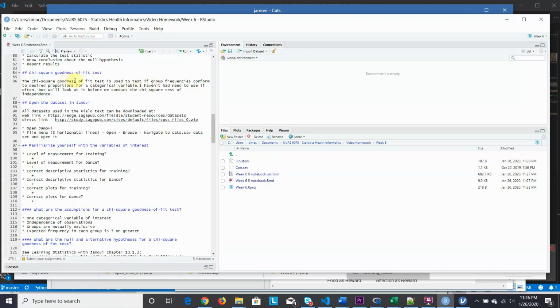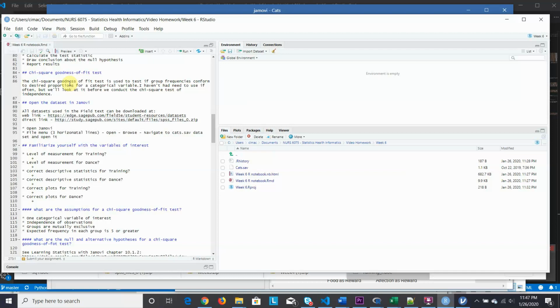What the chi-square goodness of fit test lets you do is determine if the frequencies that you observe in a categorical variable match a predetermined set of frequencies. So if you had two groups, maybe you're trying to decide, are the groups 50-50? Are there the same number in each group?